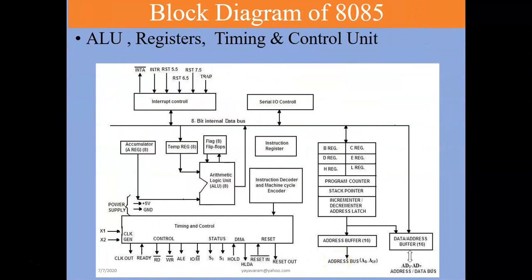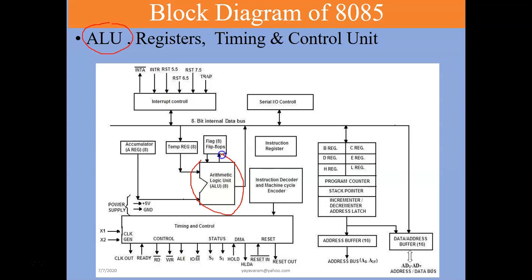Understand the architecture. The best way is understanding the block diagram. If we consider the block diagram, the most important sections of a 8085 microprocessor are, number one, ALU, that is arithmetic logic unit. So here you can see the arithmetic logic unit.